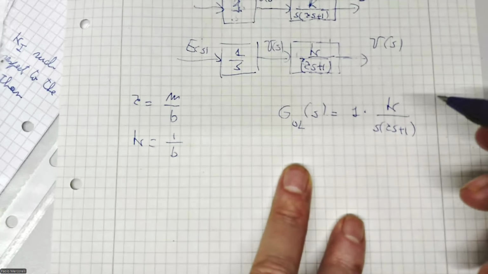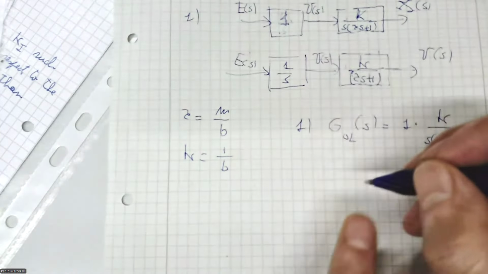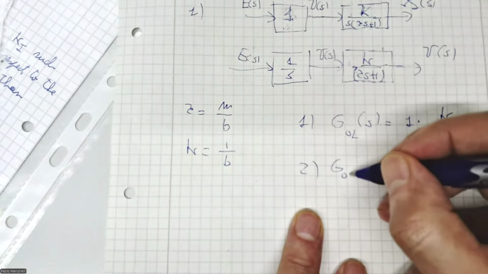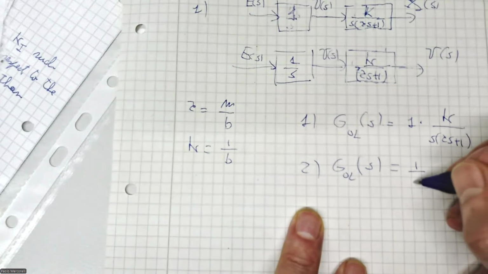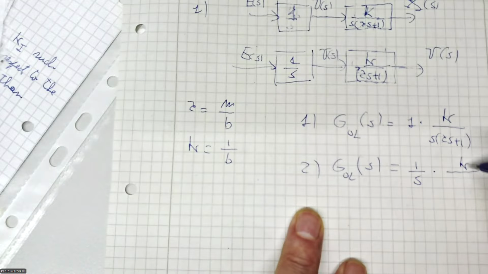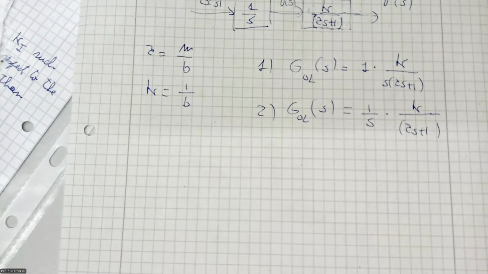Let me consider the case 1. And we have, in this case, the same GOL. The same GOL guarantees the rest of the controller, GC of S, the same, with the same specification.